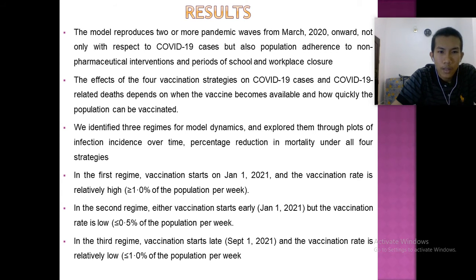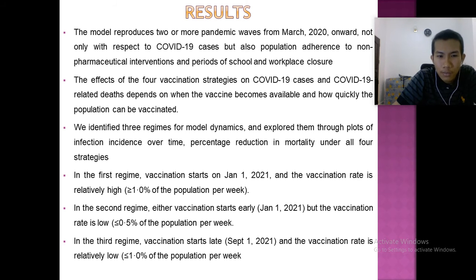We identify 3 regimes for model dynamics and explore them through plots of infection incidence over time and percentage reduction in mortality under all 4 strategies. For the first regime, vaccinations start on 1st January 2021 and the vaccination rate is relatively high, which is more than or equal to 1% of the population per week.